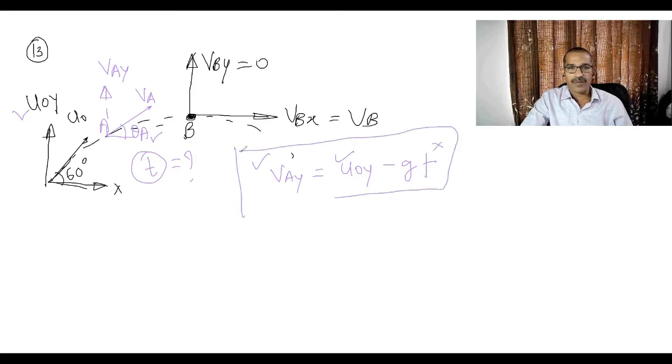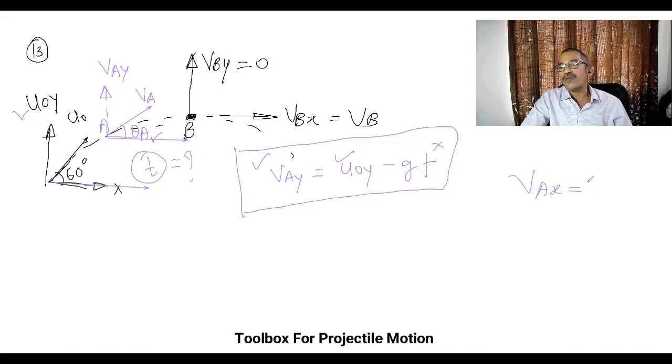But here Va, its angle is known, so how is Va possible? You know the horizontal component of velocity always remains constant. This horizontal component u0x, with u0 and theta 0 known, u0x is known. The horizontal component is constant, which means Vax equals u0x.